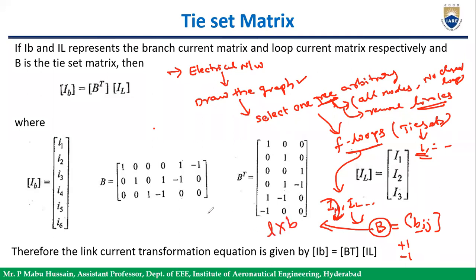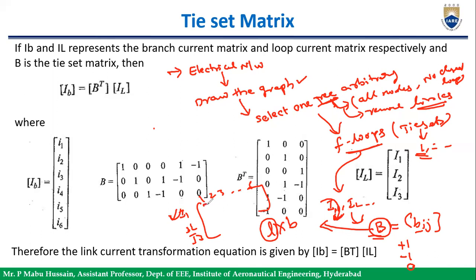That means rows are represented with loop currents I1, I2, I3 like that, and columns are your branches 1, 2, 3 up to 6 or 7, whatever the branches may be. The value of Bij will be 0 if the branch is not within the loop.